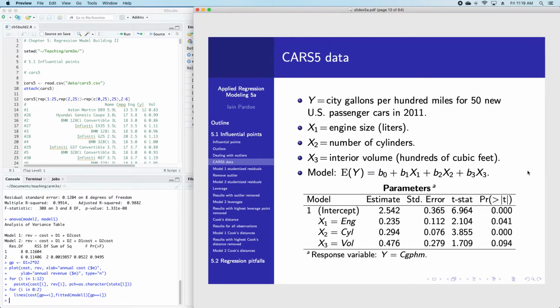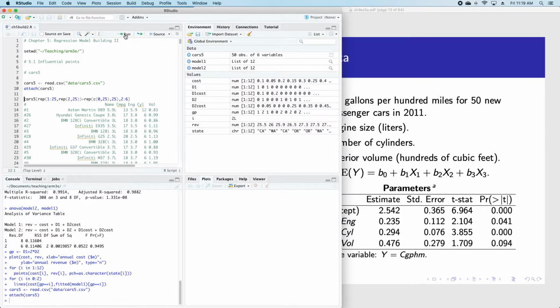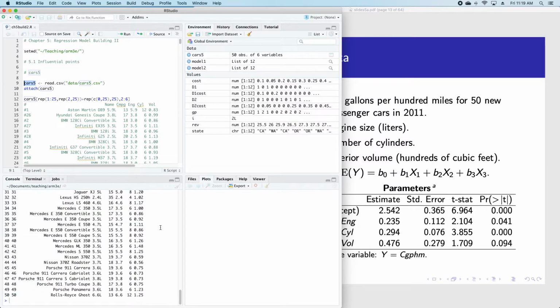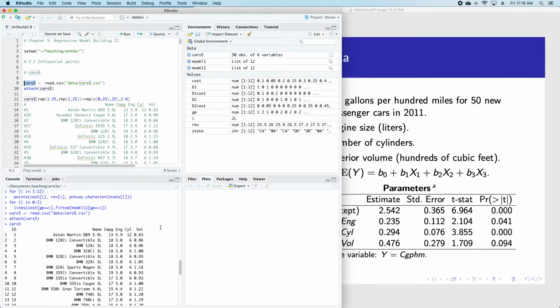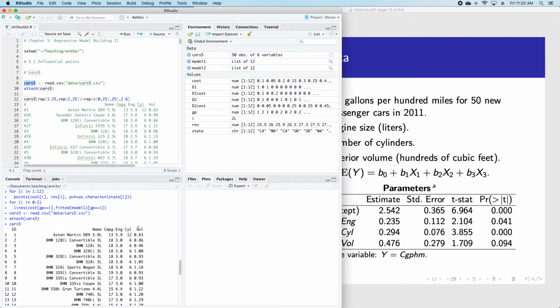So let's look at some actual data. I'm going to go to R here, and this is some data on cars where we've measured the fuel efficiency in miles per gallon in the city, engine size, number of cylinders, and the interior volume of the car, which is a measure of how big the car is.